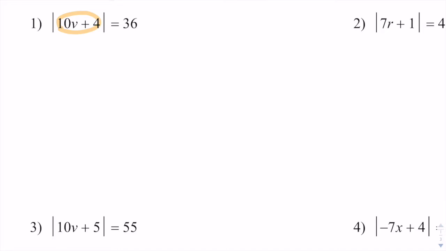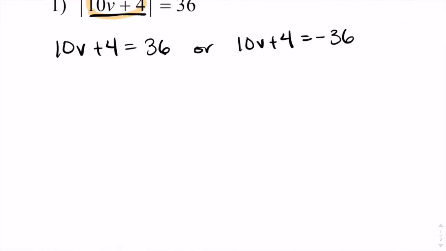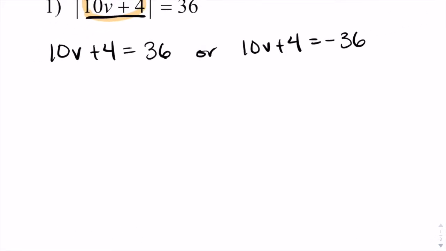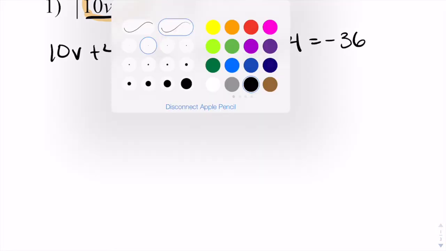So we get what's inside the absolute value, 10v plus 4, and equal it to the two cases: either this is equal to positive 36, or 10v plus 4 is equal to negative 36. We treat each equation independently and solve for the variable.